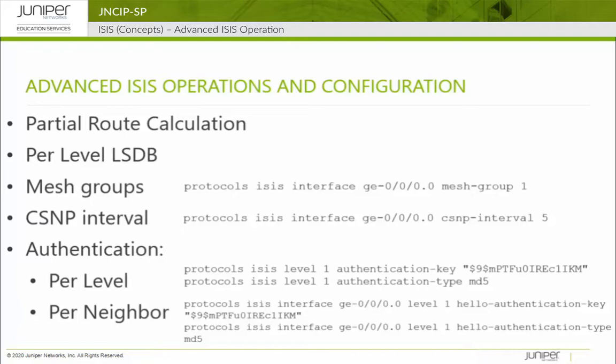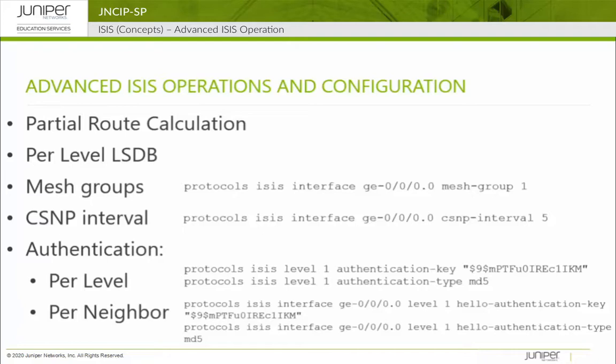And ISIS link state PDUs are flooded by devices to every other neighbor, every other adjacency, apart from the one that received the initial link state PDU. And in networks that have a high degree of meshing, this can mean that a large number of duplicate link state PDUs arrive on devices, needlessly consuming resources.